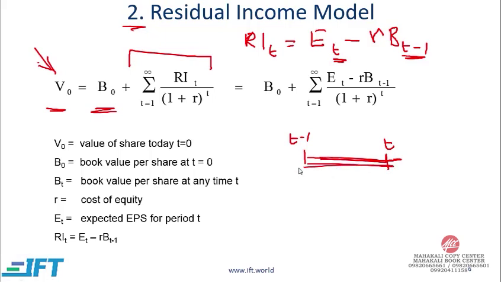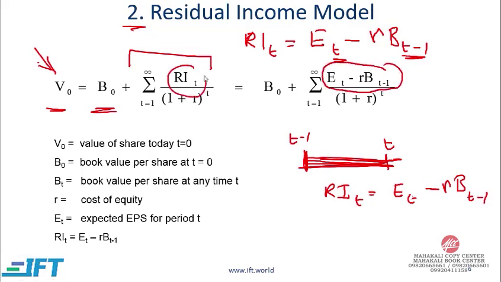What's the residual income over here? Residual income for period T is equal to the earnings for this period minus the required return times the book value at the start of the period, which would be T minus 1. So that is why you have this expression over here.